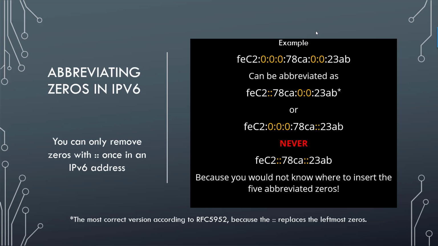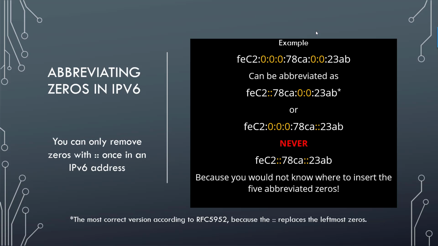So that works pretty good. But the standard, and whether or not it'll allow for sloppy programming, I don't know, but the standard is only the leftmost zeros can be replaced by the double colon. So never, ever, ever replace both segments of zeros in this example with the double colon, because you have 5 zeros there.